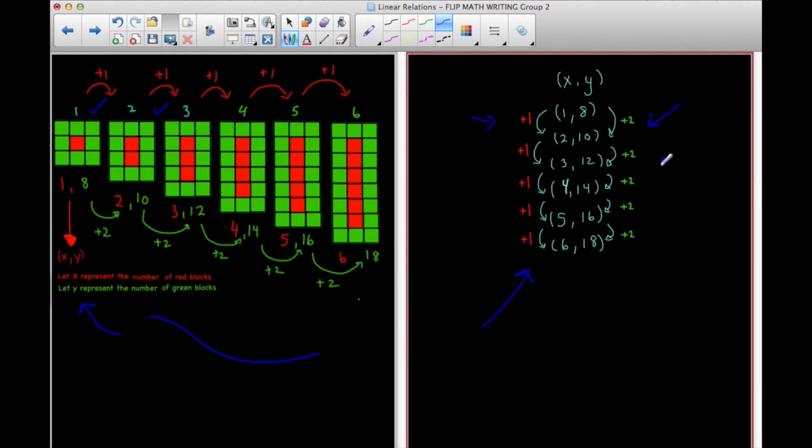This is called a constant rate of change, and it is one of the characteristics of a linear relation. So the examples that we'll be looking at in this video will illustrate what a linear relation looks like as we move it into a table and as we move it into a graph.